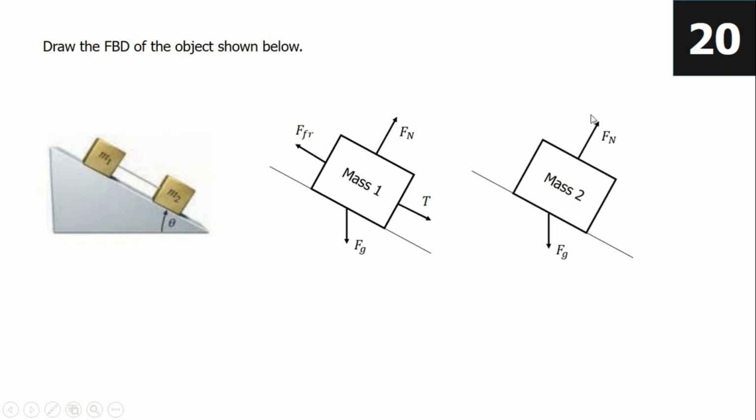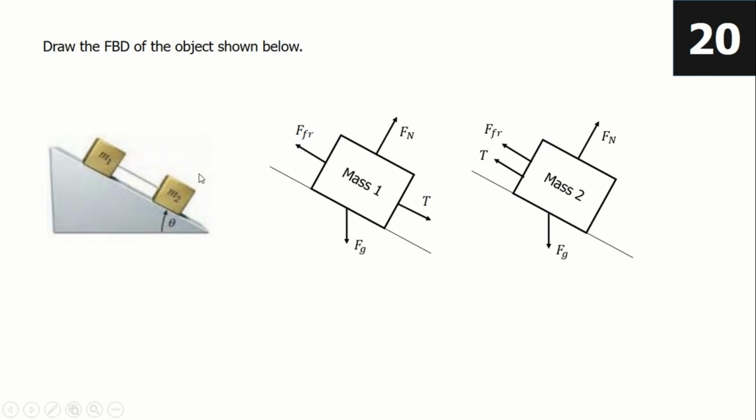Mass 2, okay, the same. We have the normal force and the gravitational force. The tension here, it's getting pulled upward by mass 1. Okay, so the tension on mass 1 is the same tension present on mass 2. So since it's pulling mass 1 with it, it's slowing its acceleration.